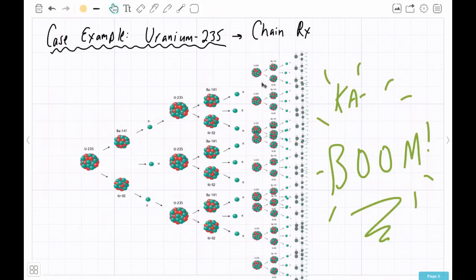This process is going to occur again and again and again until all of the uranium-235 and neutrons have been used up. This occurs extremely quickly and releases an insanely ridiculous amount of energy. This is why nuclear reactions are so dangerous if they're not controlled, such as in atomic bombs.